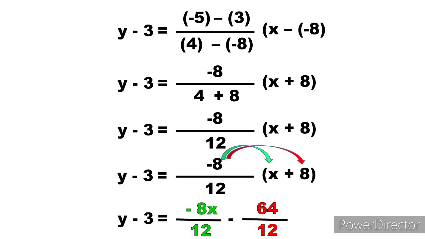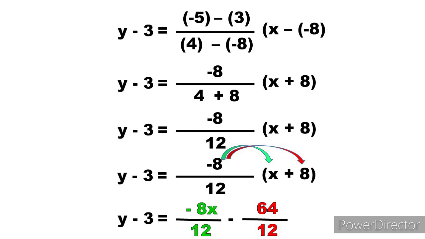Okay, and then i-distribute natin yung negative 8 over 12 doon sa x plus 8. Okay, so now we have y minus 3 equals negative 8 over 12 times x is negative 8x over 12. The negative 8 times 8 is negative 64 over 12.